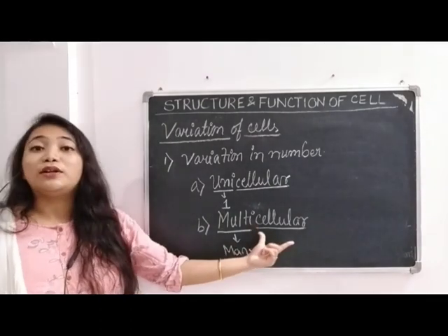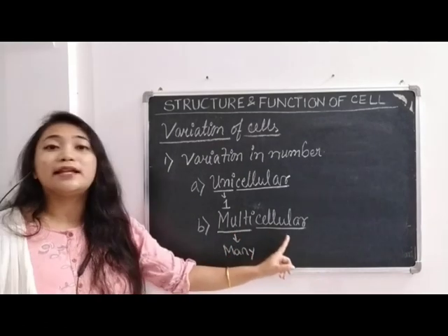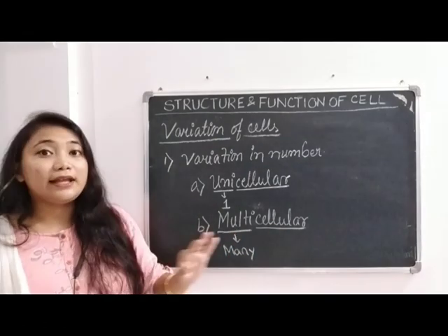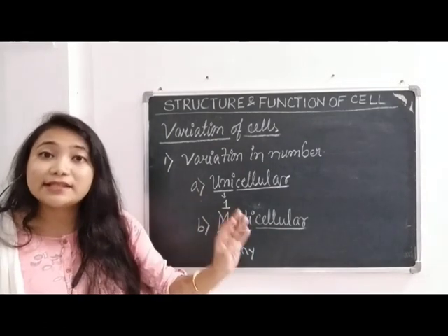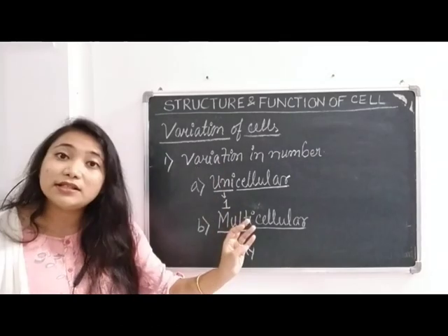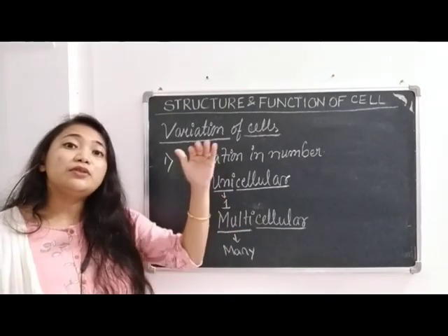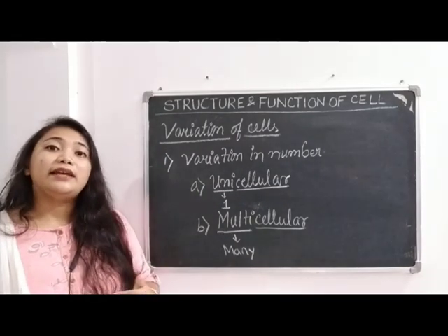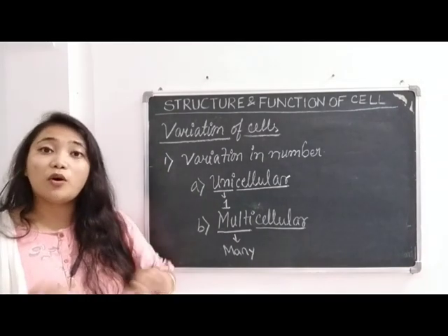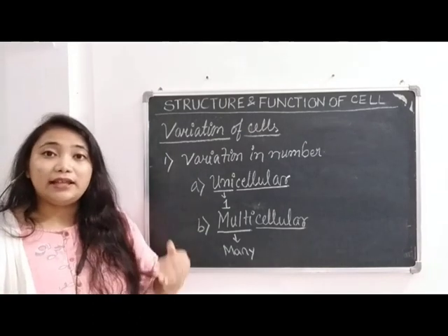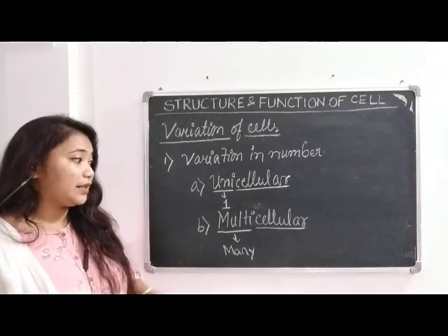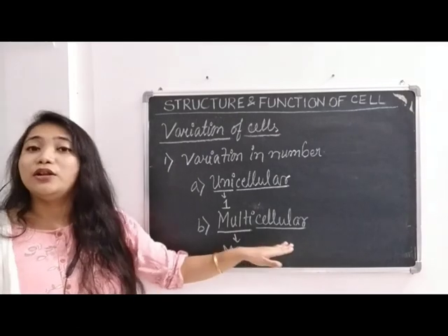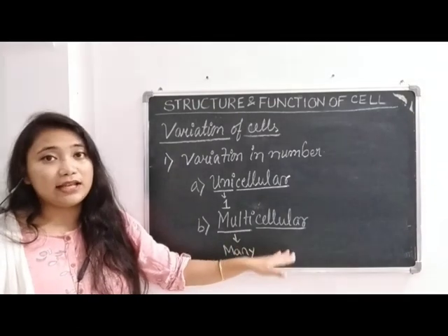So ultimately those are the multicellular organisms. And there also I have given examples: person, animals, plants. These are visible with our eyes, and they have many cells in them, and all these cells together function, and therefore we can call those animals multicellular.